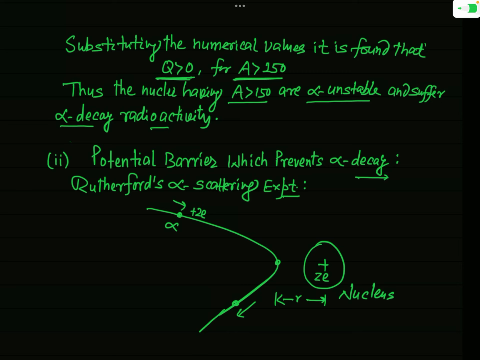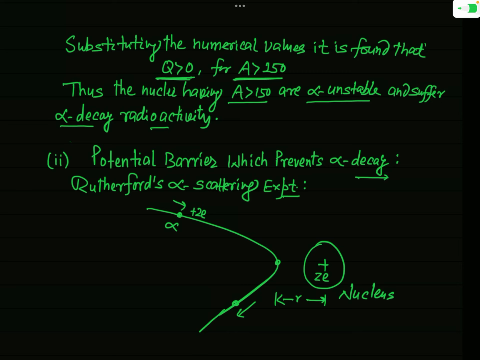Although the actual interaction between the alpha particle and the nucleus is not known, we can guess that there will actually be two interactions. First one will be Coulombian repulsion, and another will be the short range attractive nuclear force.